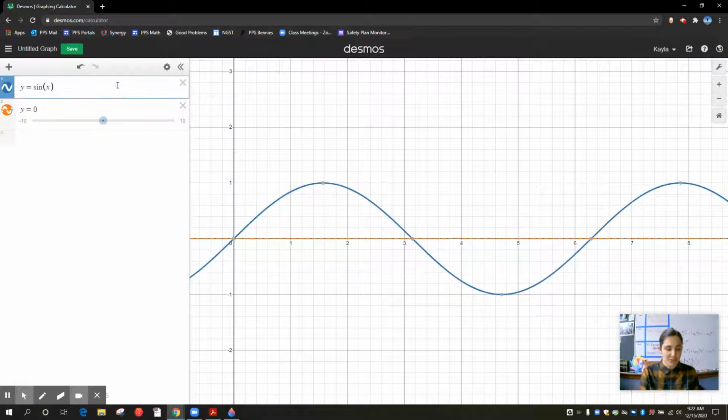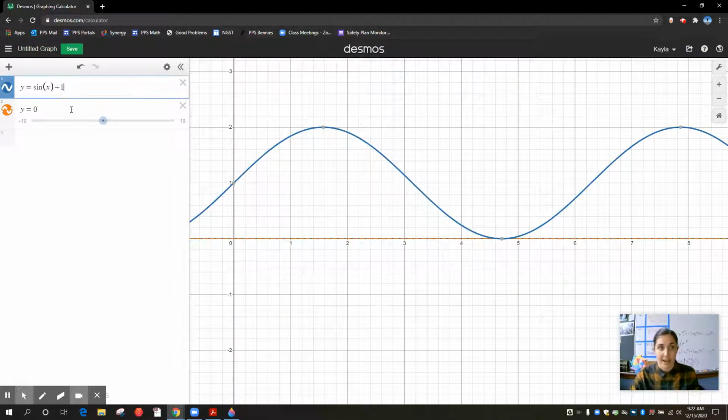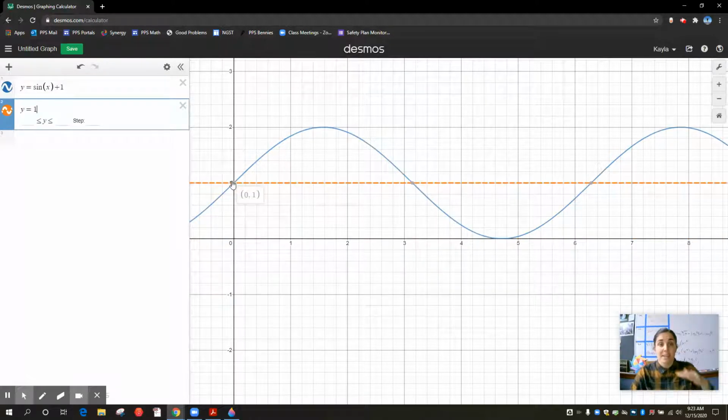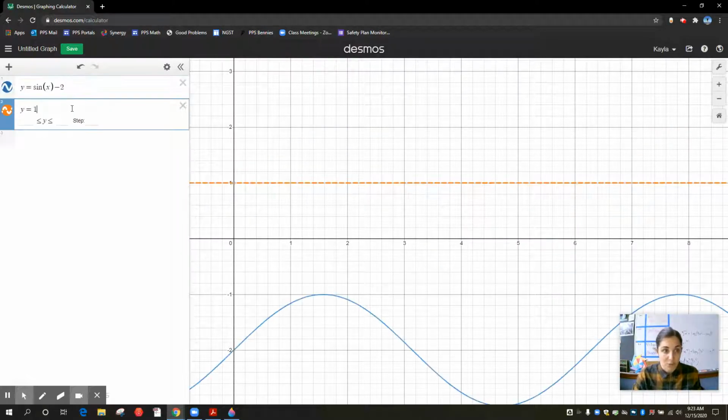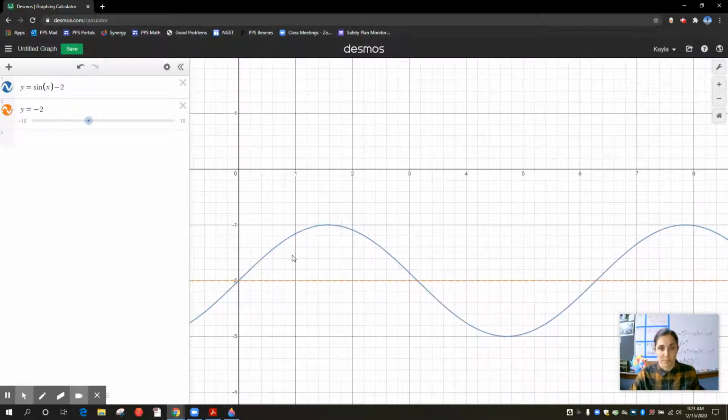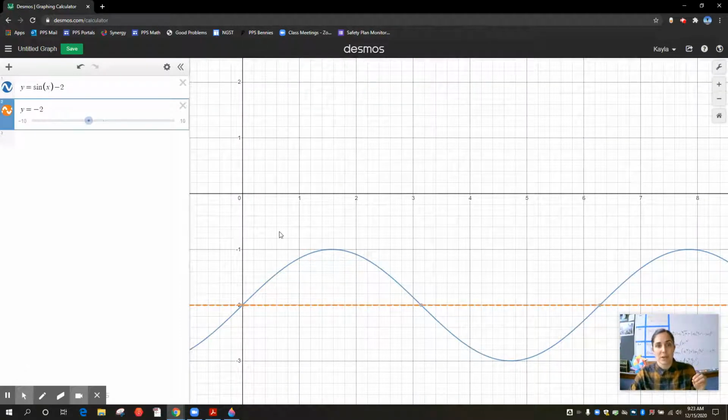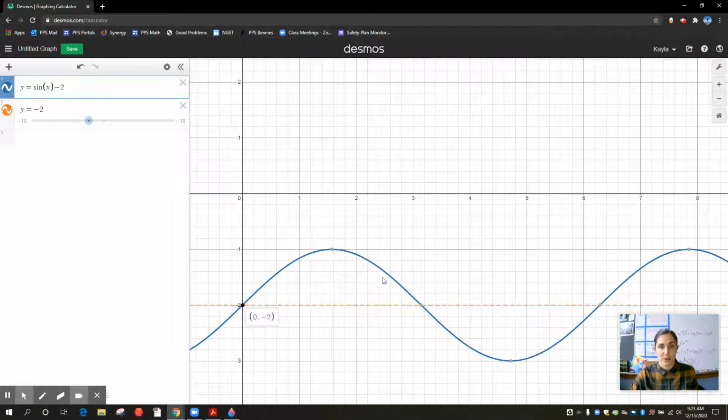And if I shift this graph up 1, right, adding 1, then it makes sense that the midline of the graph also shifts up 1. Surely then that means I could shift it down 2, and my midline would shift down 2 as well. So here, nothing too crazy, right? For this vertical shift down 2, each of the y values would then come down 2 as well.